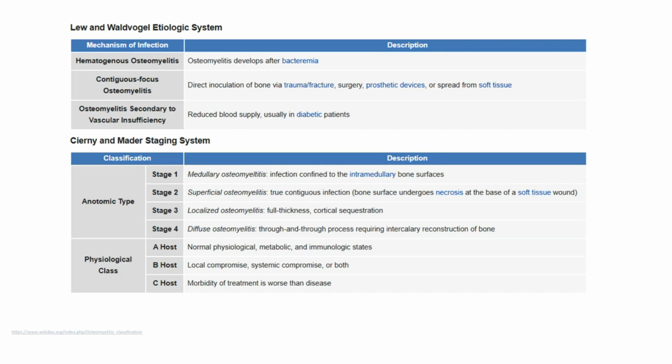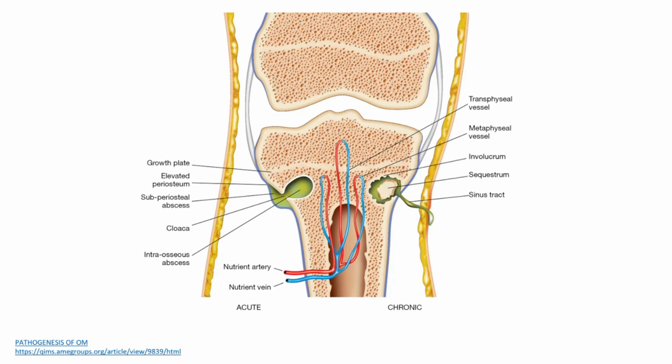It's really more for the surgeons, but it defines it specifically by where in the bone you're seeing the osteo. This is a nice pictorial representation. Depending on whether you're a kid or a grown-up, it's very different, right? In kids, it's usually acute hematogenously acquired osteo, very dramatic, whereas in adults, the most common form you'll see is chronic osteomyelitis.